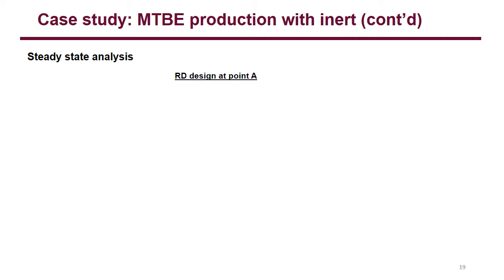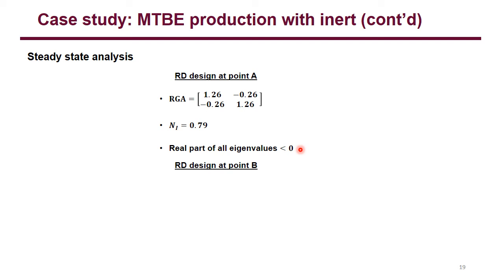Then we proceed to our stability simulation and analysis. For the RD design at point A, we calculate our relative gain array. We see that the diagonal elements are close to unity, our Niederlinski index is positive, and the real parts of the eigenvalues are negative, which implies the system is stable.